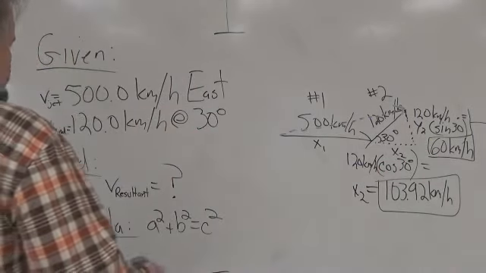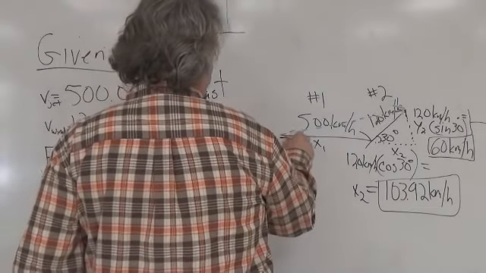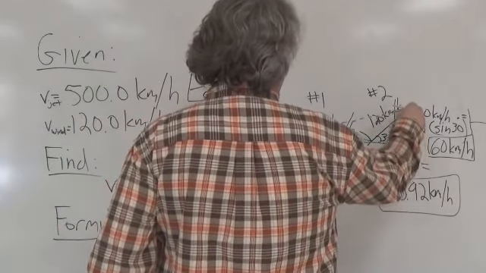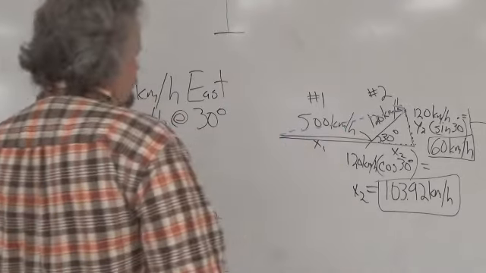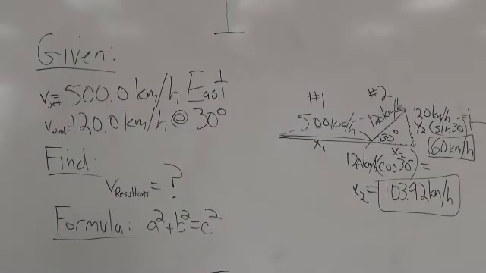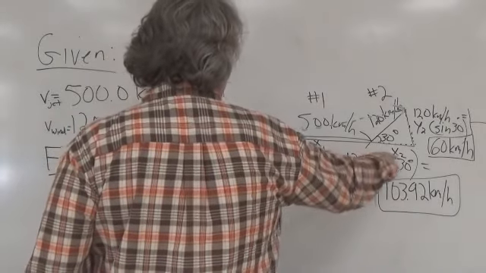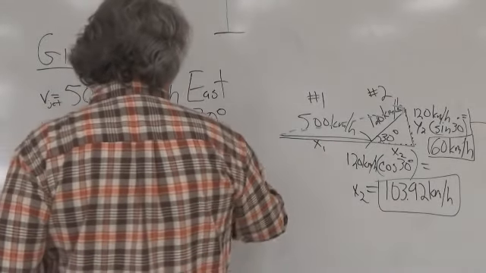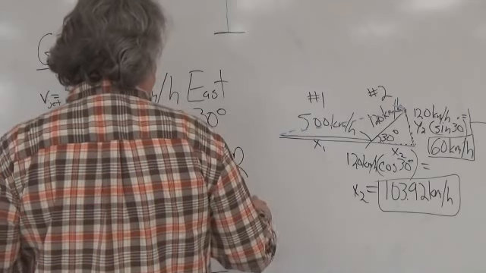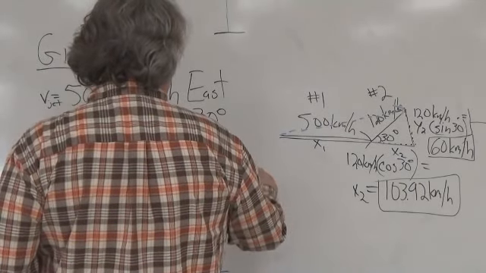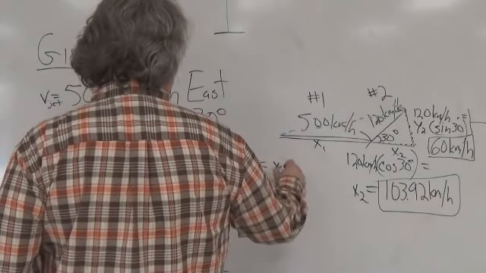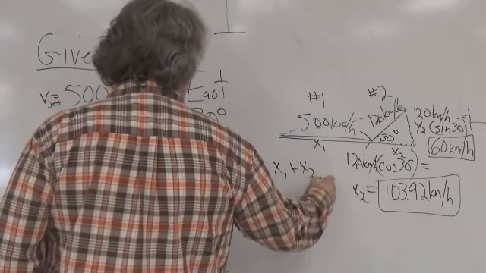Now you have your right triangle. It starts here, then it goes up. So when you find your a squared, you want to make sure you have both x's. So let's call this the resultant in the x direction, which is going to be x1 plus x2.